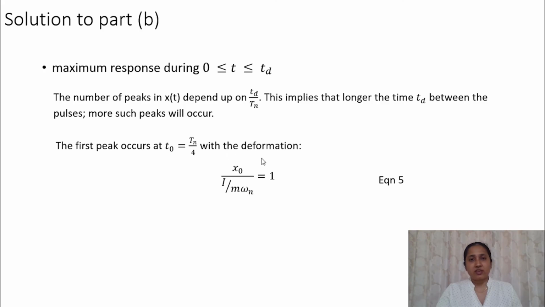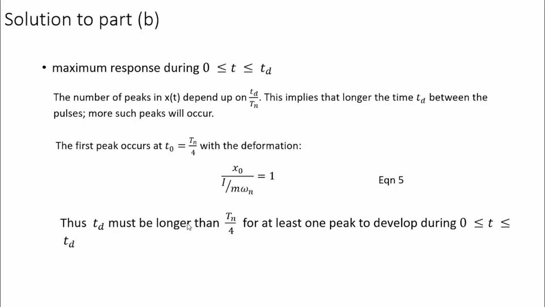So this is the maximum response when time is less than Td and Td is longer than Tn by 4. Otherwise, this peak won't happen. Thus, Td must be longer than Tn by 4 for at least one peak to develop during this duration.